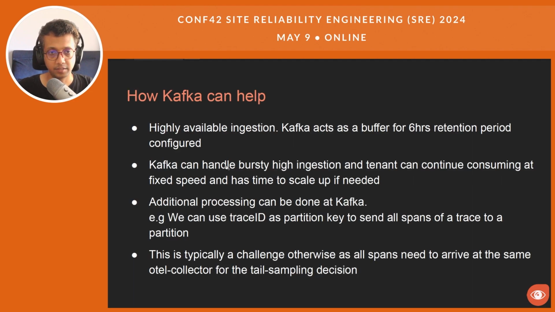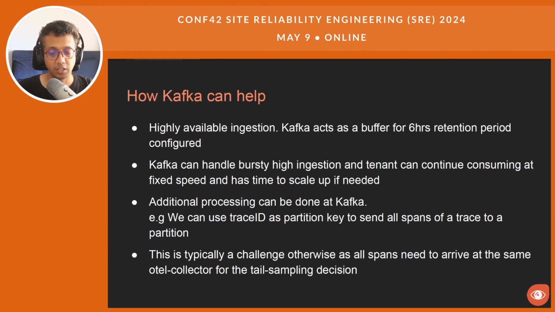But one of the parallel advantages is that this can also enable a lot of additional processing, which we can do at Kafka. For example, in the case of tail-based sampling for traces, sometimes people want to filter traces by trace ID and accumulate all traces in one place and then do some processing on them. For example, if you want to reject traces which have a particular attribute, say all traces which have health check endpoints, which essentially don't add value.